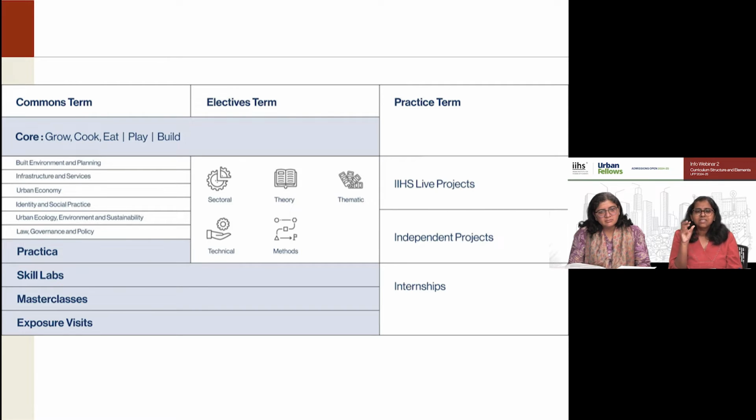In the commons term, the theoretical or disciplinary sections of 6 themes, plus the Practica and the lab you choose, will help you come up with a holistic, interdisciplinary understanding of urban practice.